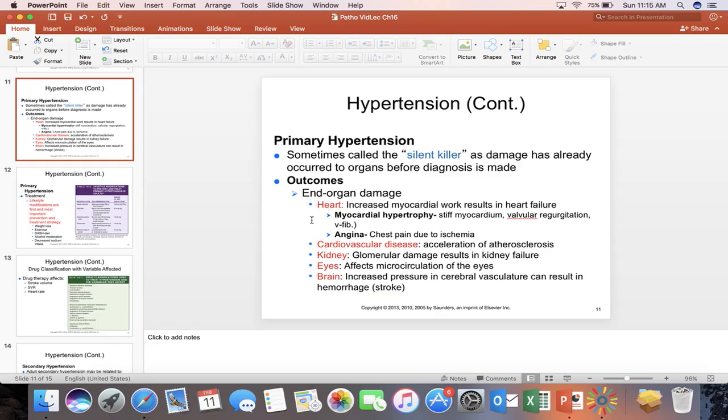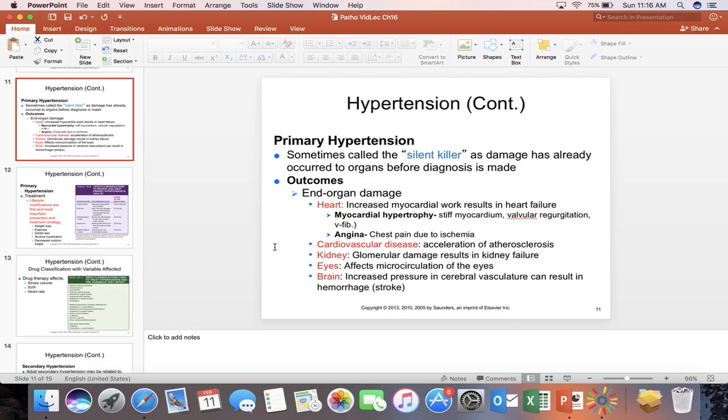So you have cardiac hypertrophy or myocardial hypertrophy, which is an increase in the heart muscle itself. You're going to have a stiff myocardium, valvular regurgitation, and also VFib, or ventricular fibrillation. The second factor in end organ damage of the heart includes angina, which is chest pain, mainly due to ischemia.